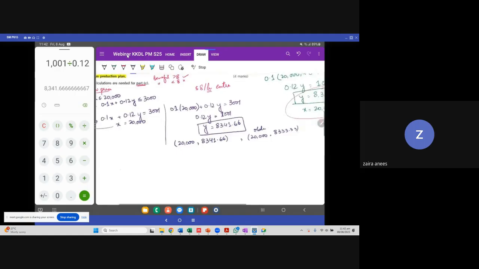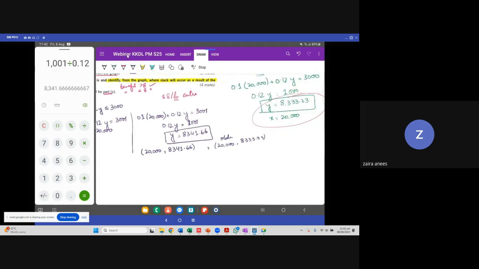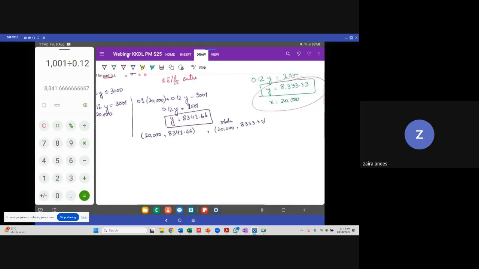So what will be the shadow price then? We generally compare X and Y both. So change in X is 0. Change in Y is 8,341.66 minus 8,333.33.